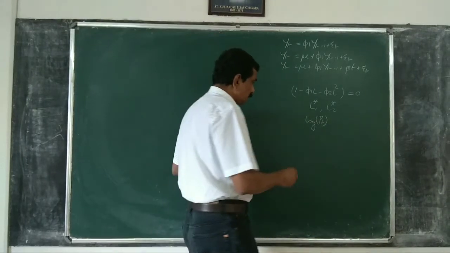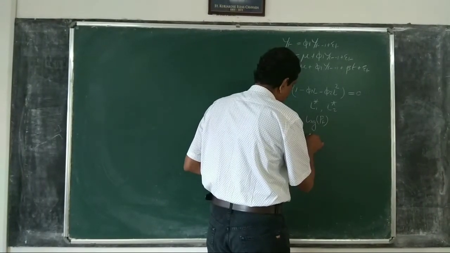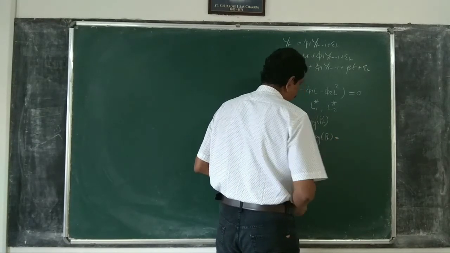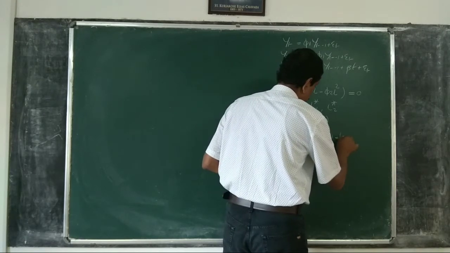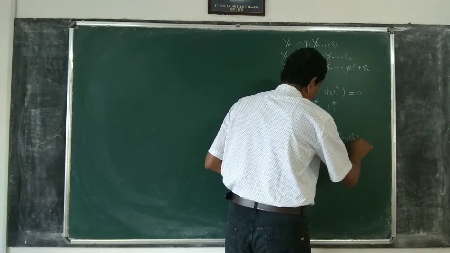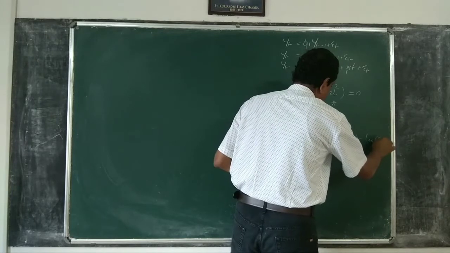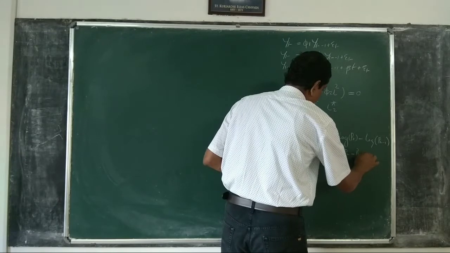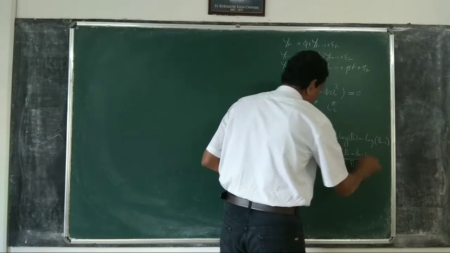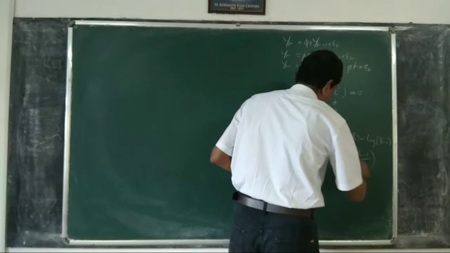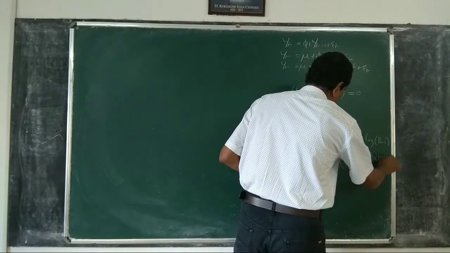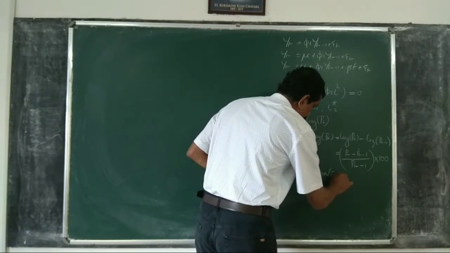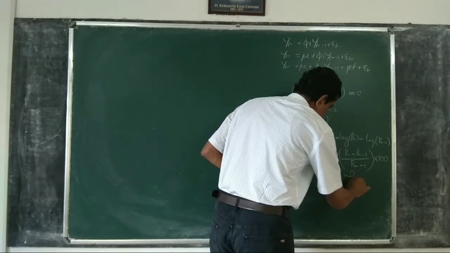Now you take the first difference, delta log Pt, which is equal to log Pt minus log Pt minus 1, which is approximately equal to (Pt minus Pt minus 1) by Pt minus 1. If you multiply this with 100, you will get the rate of inflation.